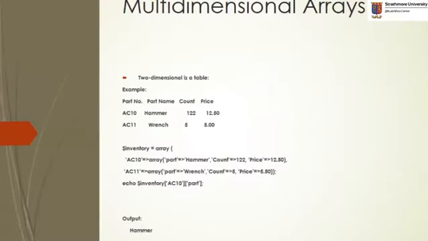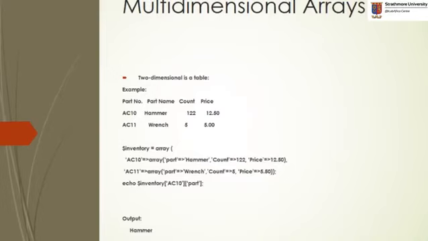Then a multi-dimensional array, we have said, is an array that contains several other arrays, and an example is a two-dimensional table, which is shown. So we have a part, which is a hammer, and then it has a count of 20. If you look at this inventory array, it has the first key AC10.